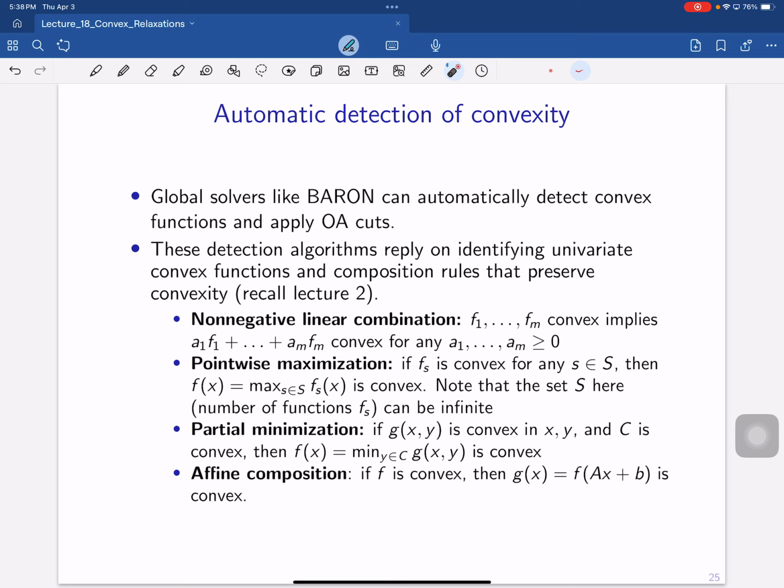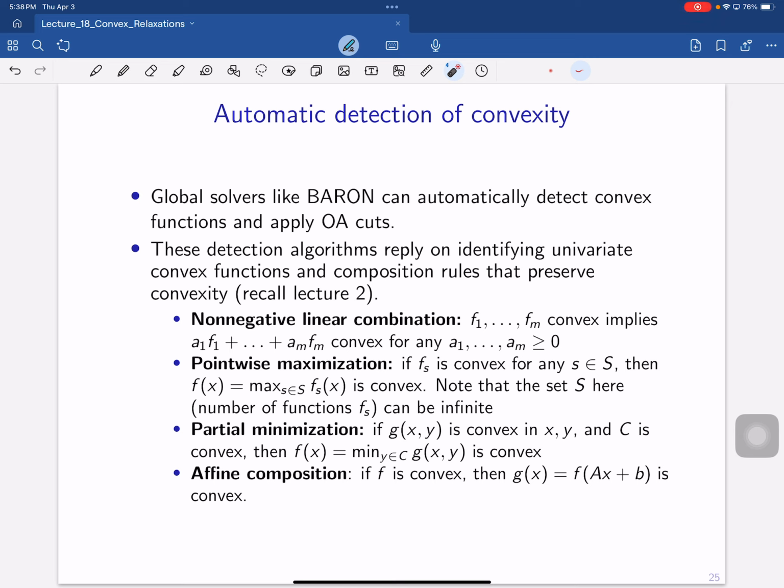So convexity detection is still one active area of research. There is no general rule giving you the necessary and sufficient condition for any arbitrary function being convex or not. However, you can use the rules we studied in lecture 2.